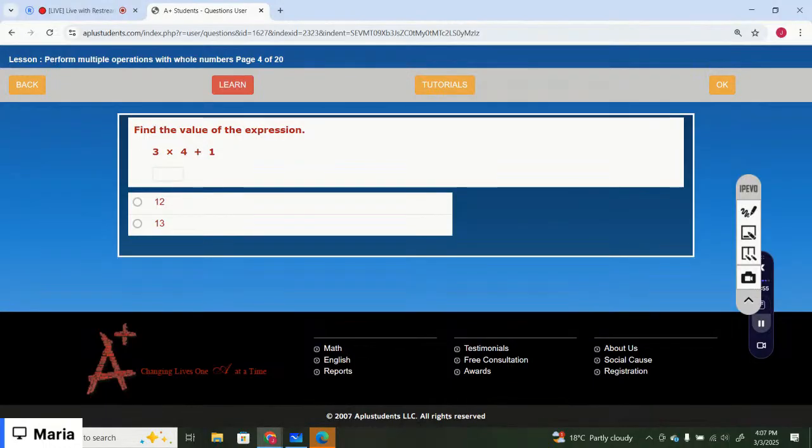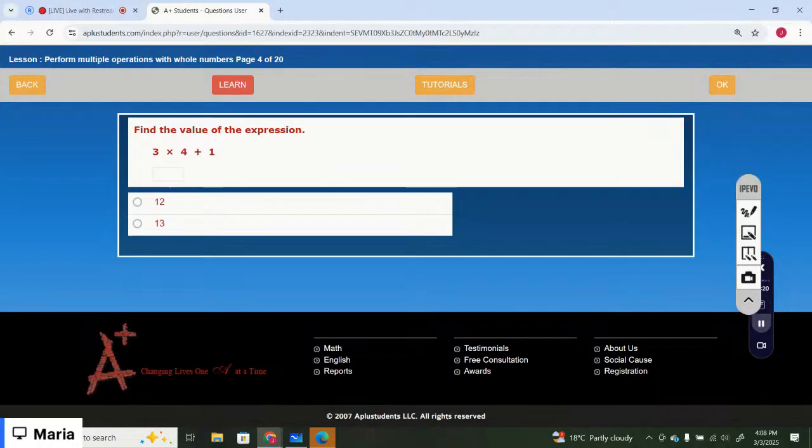Find the value of the expression. So which is the correct option? You have to do multiplication first.